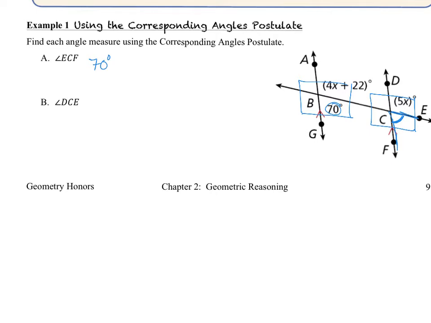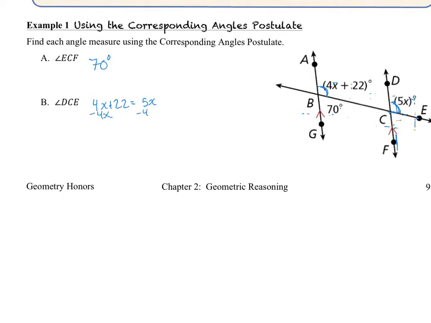And DCE. To find DCE, since we know it's corresponding to ABC, then we could set those two congruent to each other. So we have two parallel lines cut by a transversal, and now we're looking into figuring out angle DCE. Well, since these are corresponding, we set them equal. 4x plus 22 is equal to 5x.